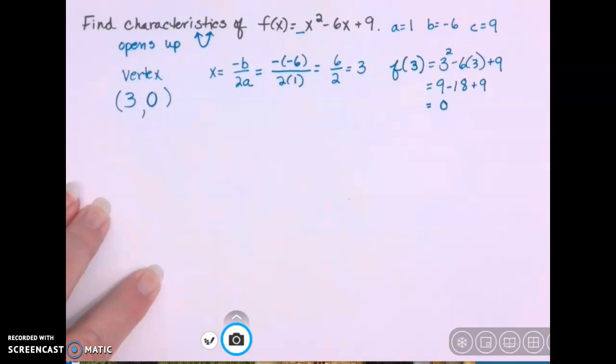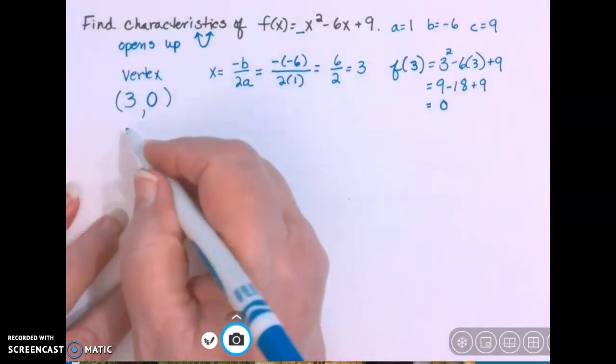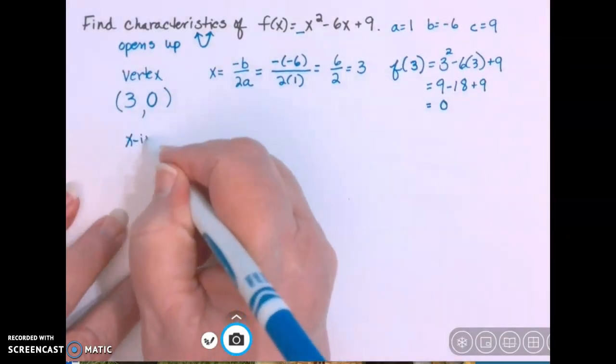Other things we need to know in order to do the graph are the intercepts. So let's talk about where this crosses the x-axis, and this will be our x-intercepts. So let's look for our x-intercepts.